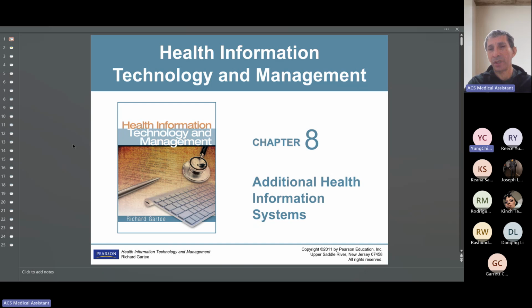So for that reason, we're going to continue with these additional health information systems. There are some terms that you will never see because they're part of the system. Remember that electronic medical records were added back in 2008. And since then they have been evolving and have had lots of changes, because it's making things a lot easier.